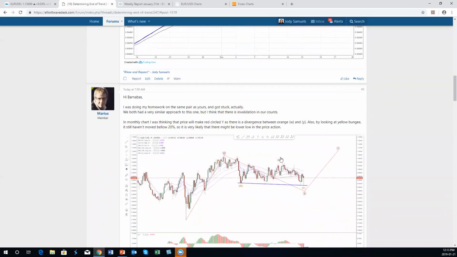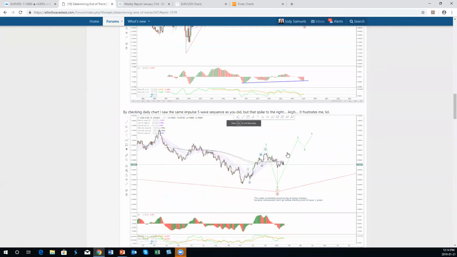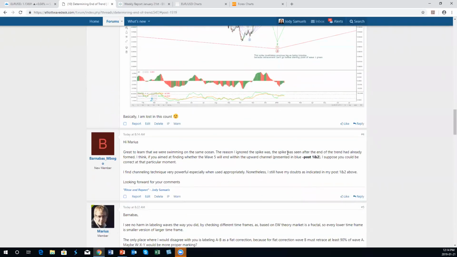Now, then Marius says, I was doing my homework on the same pair as yours and got stuck. Actually, we both had a similar approach, but I think there is invalidation in our counts. All right, I didn't go through to find the invalidation on this. I didn't go through this carefully. I was looking at other wave counts and I can't really find them now.